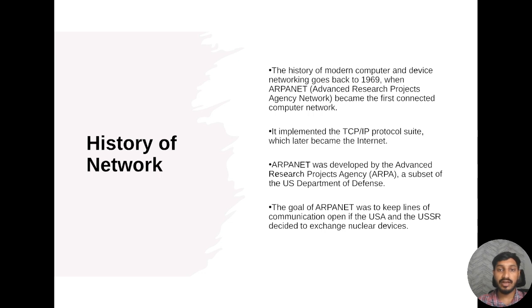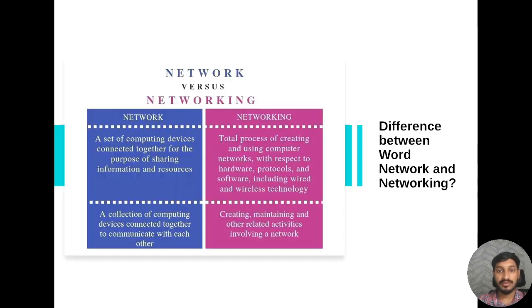So the internet we use today was a gift from the US Army. The goal of ARPANET was to keep lines of communication open if the USA and its adversaries were to exchange nuclear weapons. The main motive of developing a network was to survive a nuclear exchange.